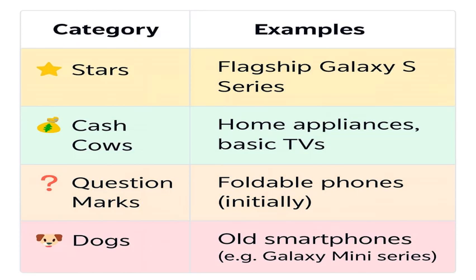Samsung discontinued this Mini series to focus on other lines such as the Galaxy Alpha and the Galaxy A series. So the Samsung Galaxy S5 Mini released in 2014 was the last in the Samsung Galaxy Mini series. Now these Galaxy Mini series are not operating in the market. That's why these old smartphones come under the category of dogs.